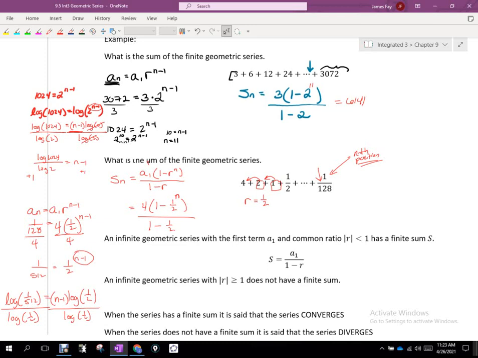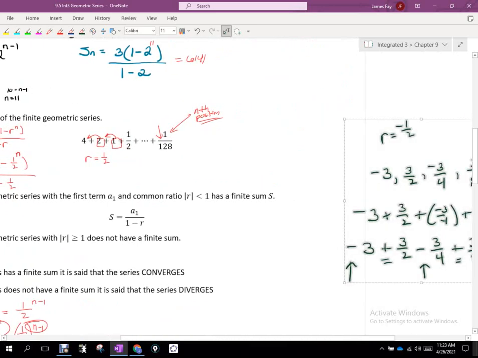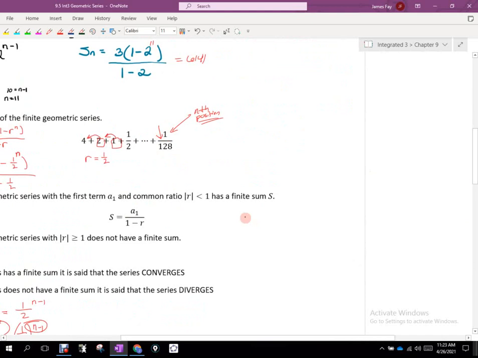Okay, so let's think about this. Let's take the series that starts with 1, then goes to 1/2, then 1/4, then 1/8, 1/32, 1/64, 1/128, 1 over 256.